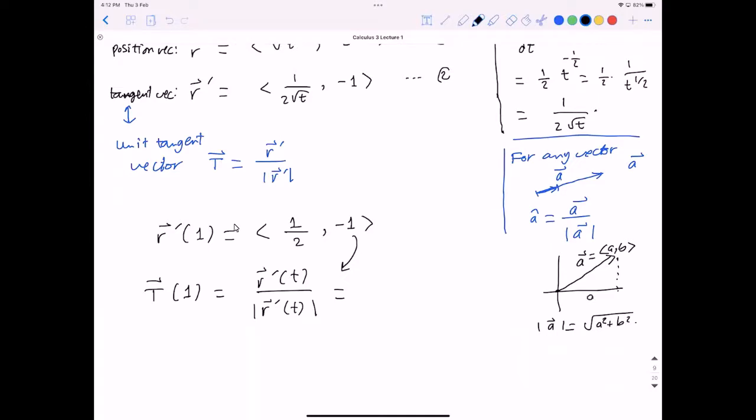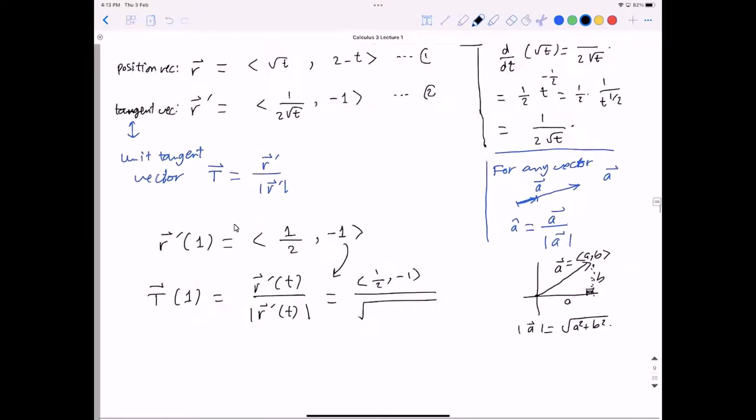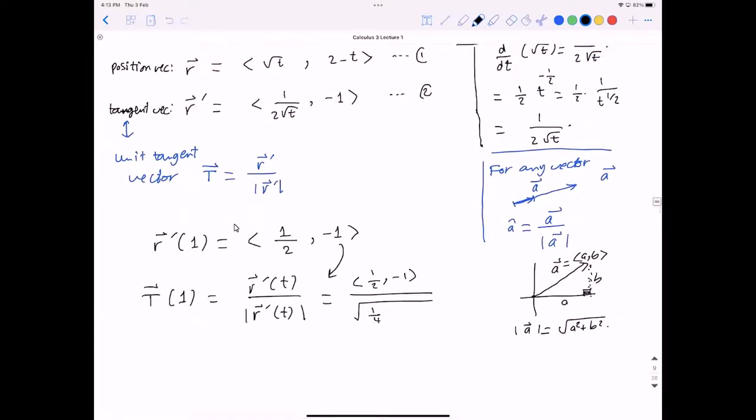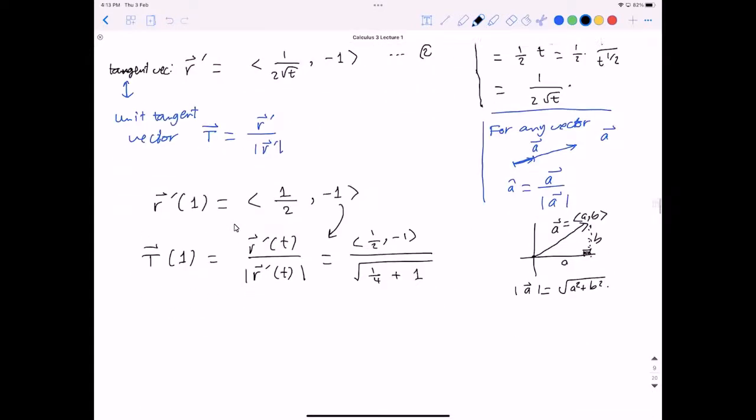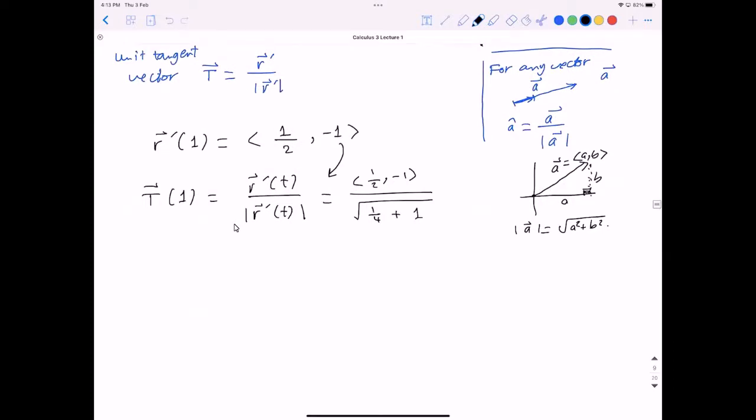This is a, this is b, so you apply the Pythagoras theorem. The magnitude of any vector is the square root of the sum of squares of its components. So this is the vector (1/2, -1) divided by the square root of the squares of all these components, so you get 1/4 plus 1.